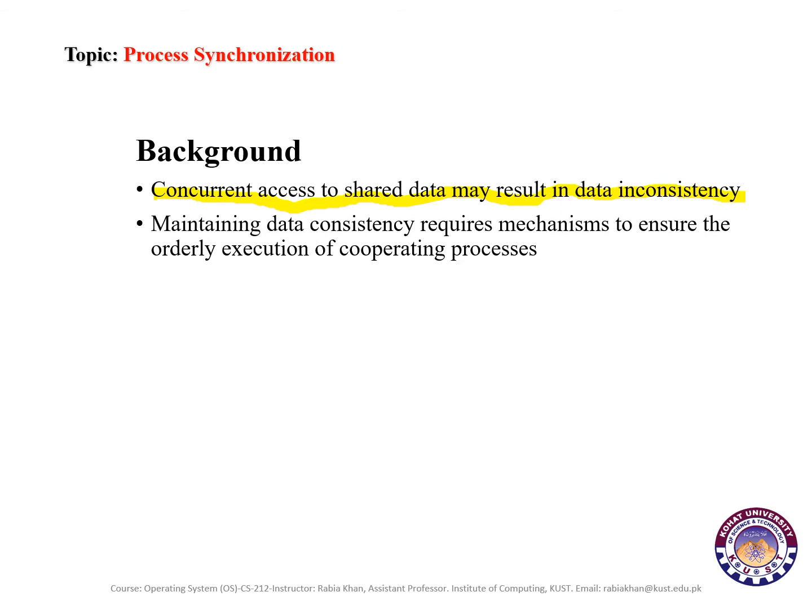A resource, as you all know, can be both hardware and data, that is, software. So in order to maintain consistency, it is important to ensure the orderly execution of the cooperating processes. Cooperating processes are those processes which generally communicate with one another and then proceed with their executions.